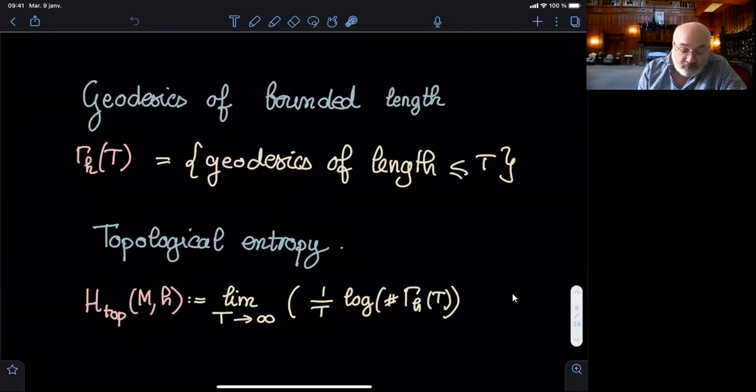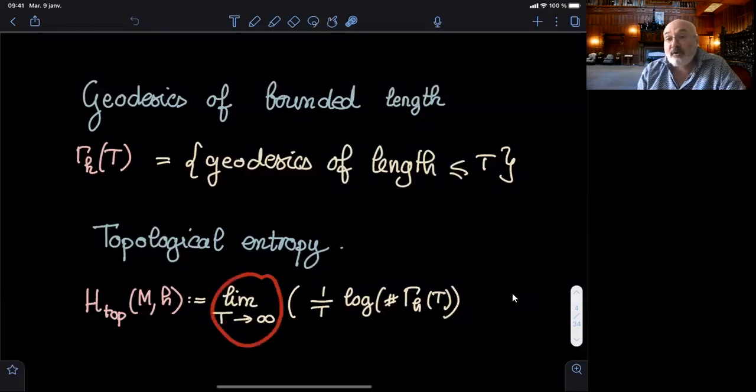So the first thing, of course, you have to check is that this is well defined, right? So far, this limit may not exist at all. Okay.